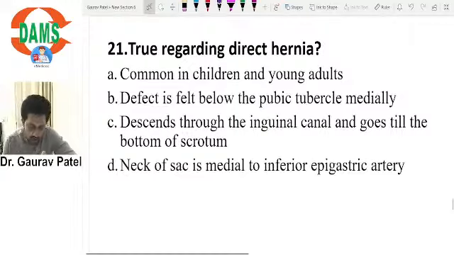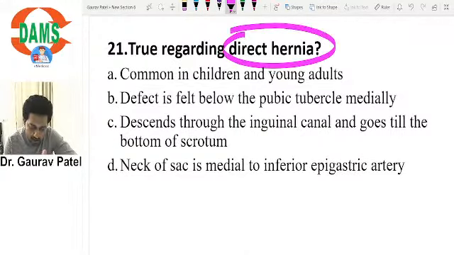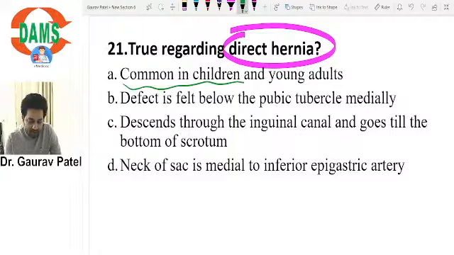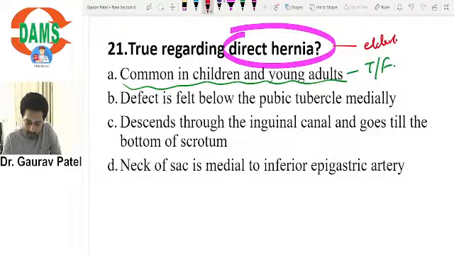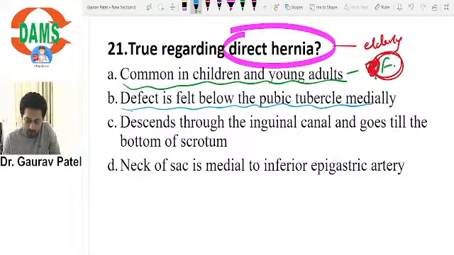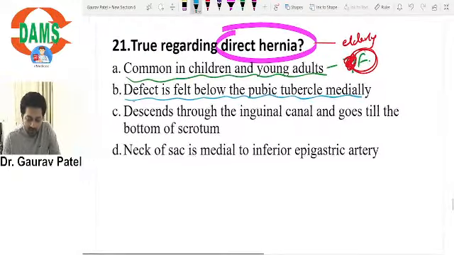Next question. True regarding direct hernia. You just tell me which statement is true or false. Common in children and young adults. Direct hernia is mainly because of weakness of the abdominal wall and it is seen in elderly people. So this is false. Defect is felt below the pubic tubercle medially.